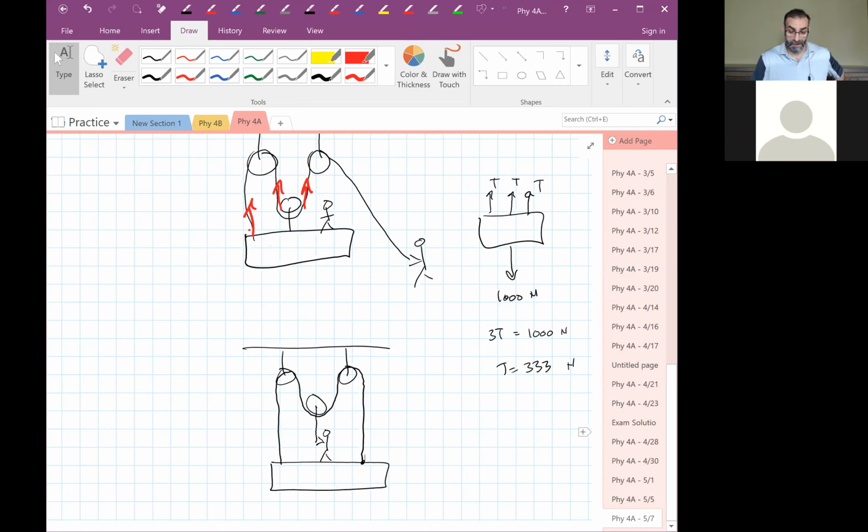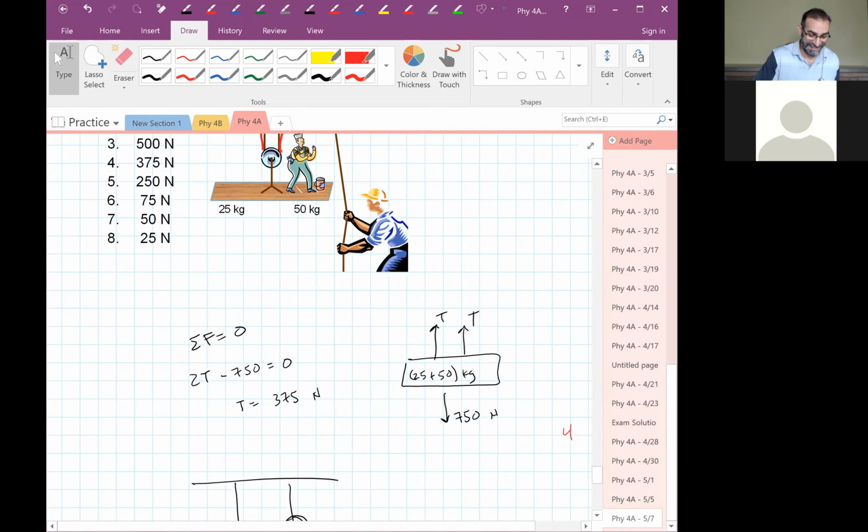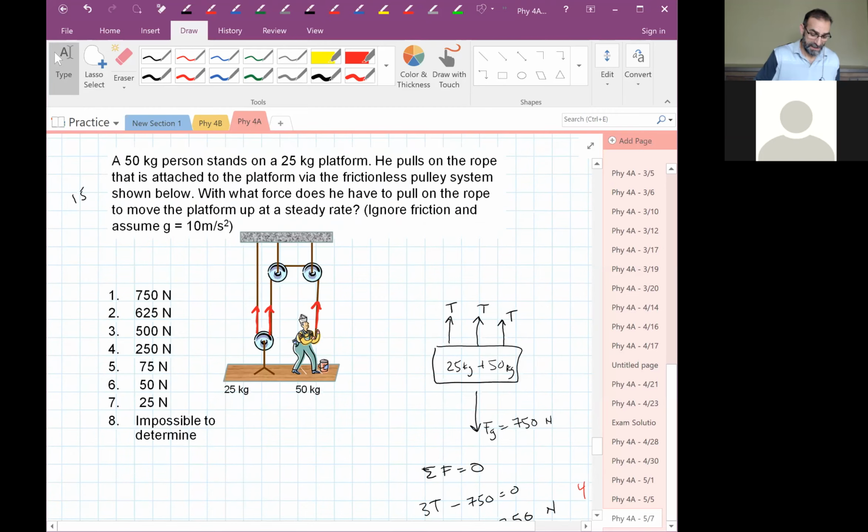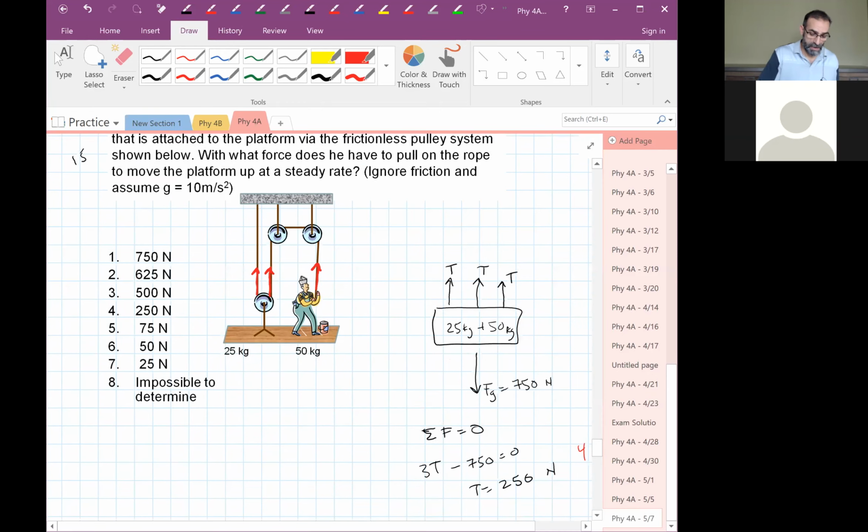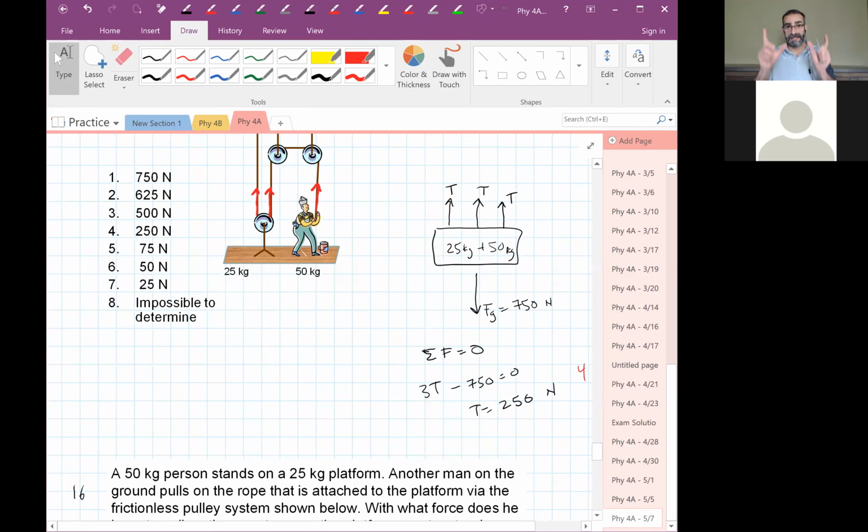Okay, are we seeing it now? This is exactly like the previous problem. When the person was holding it, the rope was interacting with the person and the box, or the platform, 3 times. Just look to see how many times the rope is touching what needs to be lifted. In this case, 3 times. So it's exerting 3 tension forces up.